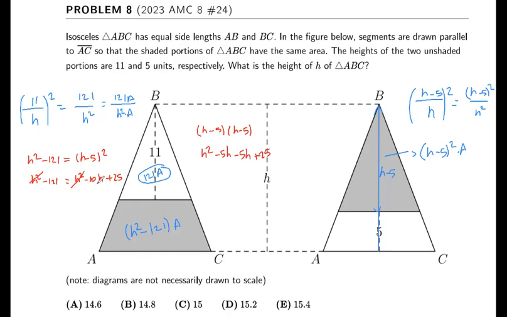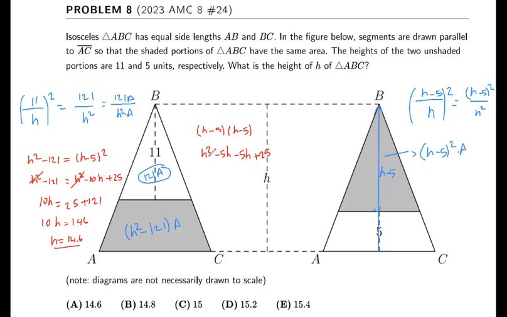You may add 10h to both sides, so you will get 10h equals, adding 121 to both sides, 25 plus 121, so 10h equals 146. This is a really nice number because we are not allowed to use a calculator, so dividing by 10 is easier, and that's 14.6.